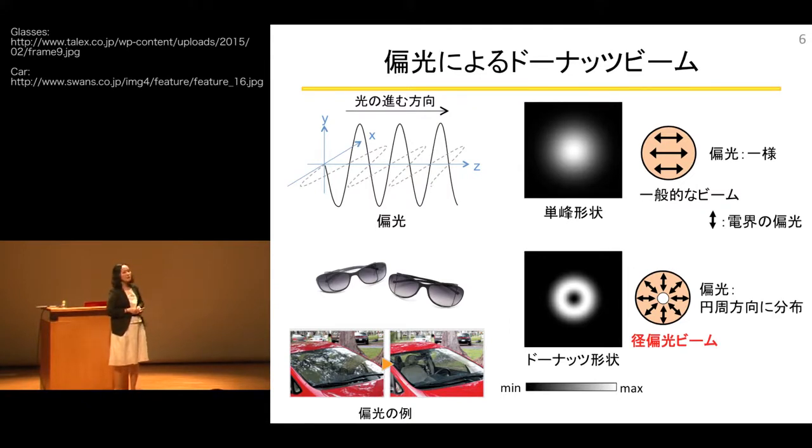The single mode, which is used for a laser beam, is one direction. On the other hand, in the donut beam, the polarized light is dispersed radially. Therefore, at the center of the beam, there is a very specific area, and that's why it looks like a donut.